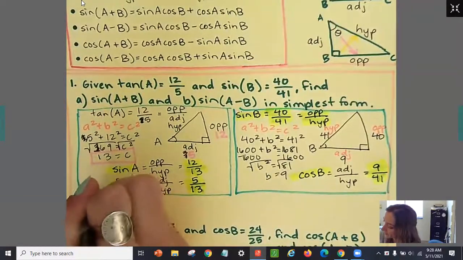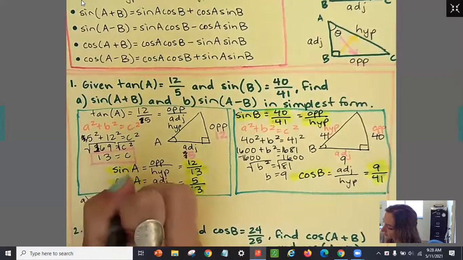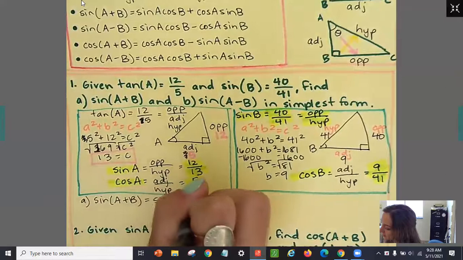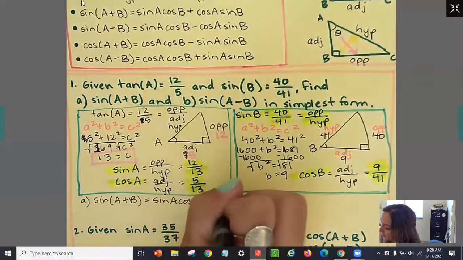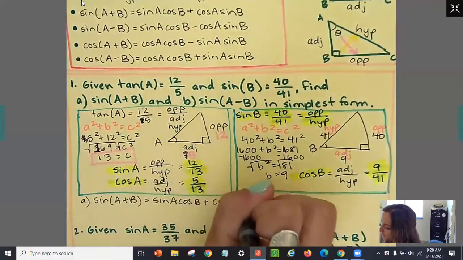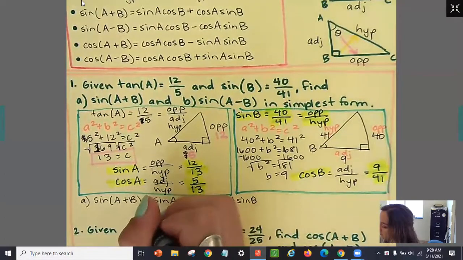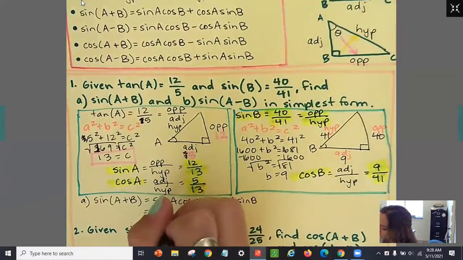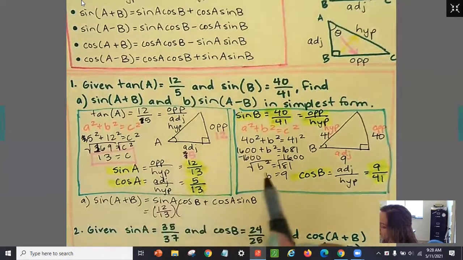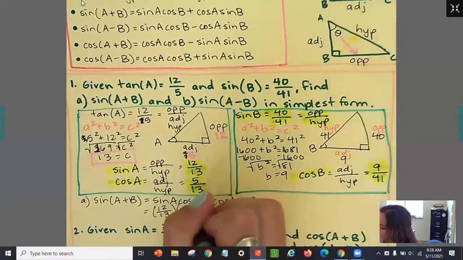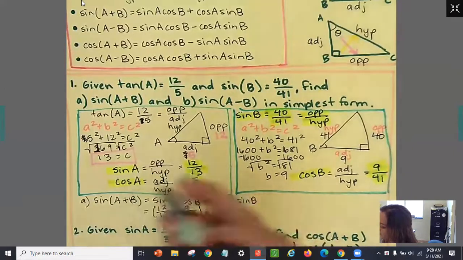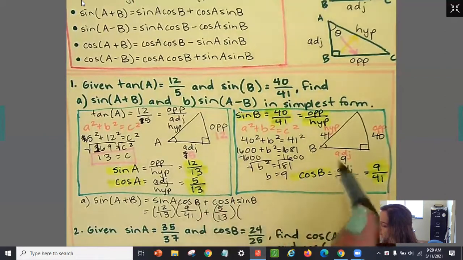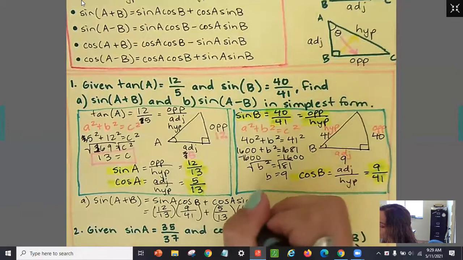Sine of A plus B is sine A cosine B plus cosine A sine B. Plugging in: sine of A is 12 over 13, cosine B is 9 over 41, cosine A is 5 over 13, and sine of B is 40 over 41.